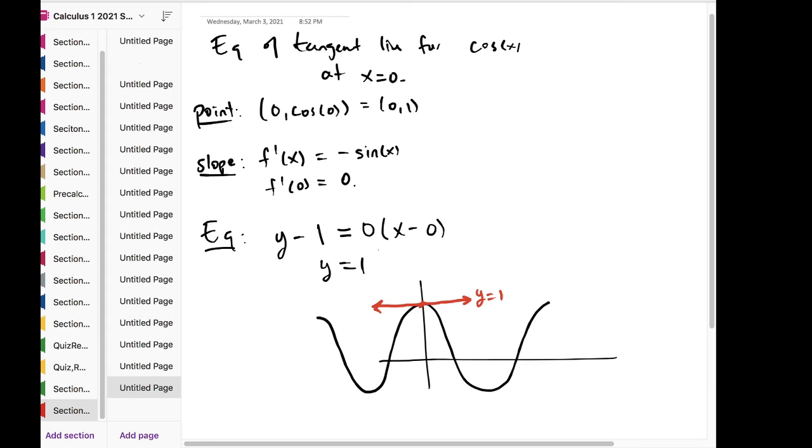Okay, so something to note was cosine is the derivative of sine. So what we found was the equation of the tangent line for the derivative of sine at x equals 0. So in that same vein, let's keep on going. Let's find more derivatives of sine.